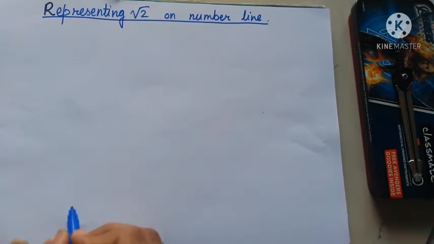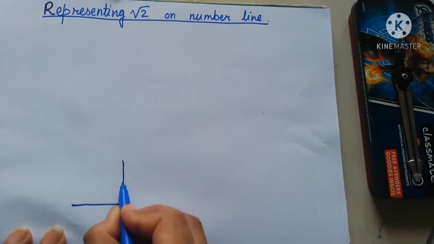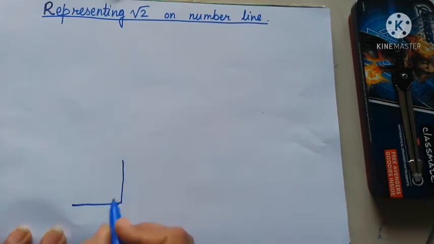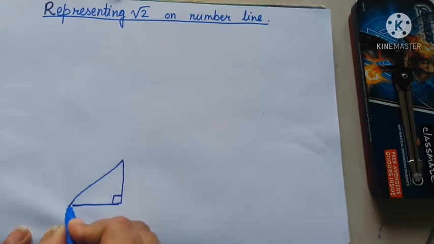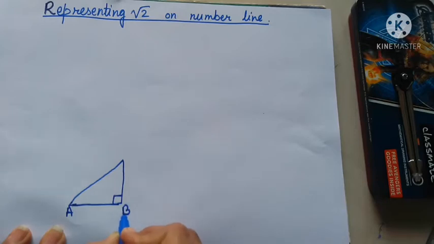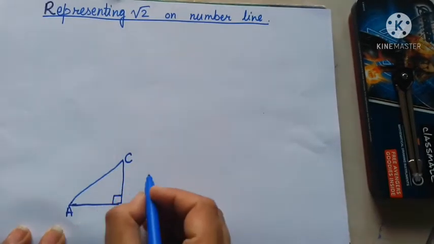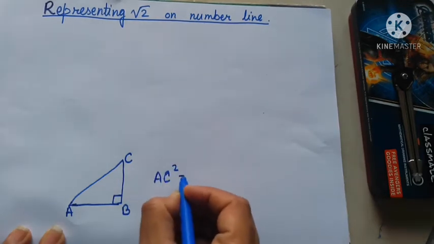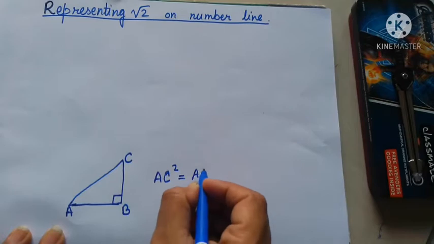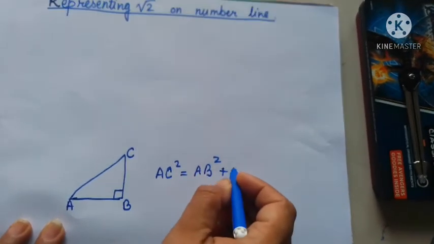You know that if I take a right angle triangle, let us name that as A, B and C. Now applying Pythagoras to this, we know that AC square will be equal to AB square plus BC square.